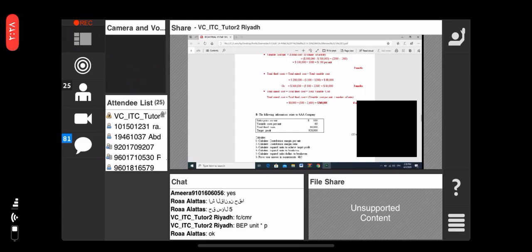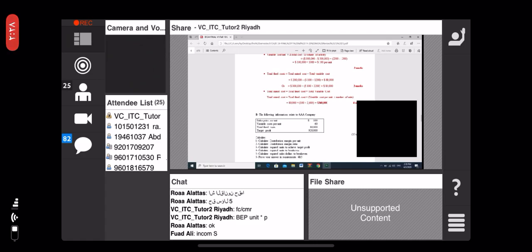Number 6, prove your answer means what? Means prepare the contribution margin income statement. So it will start from sales.